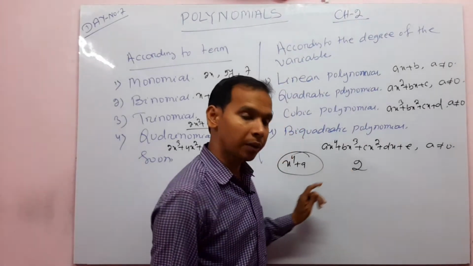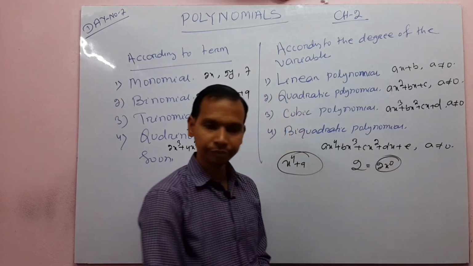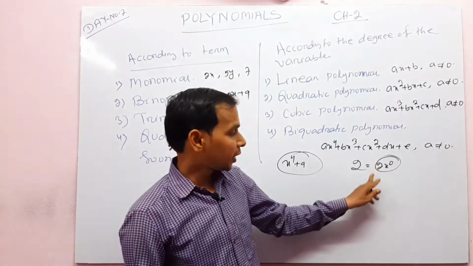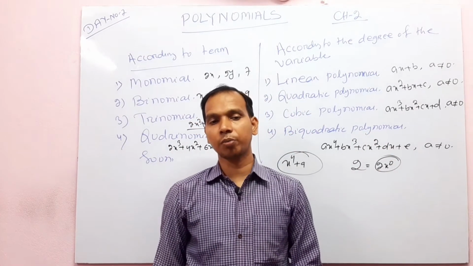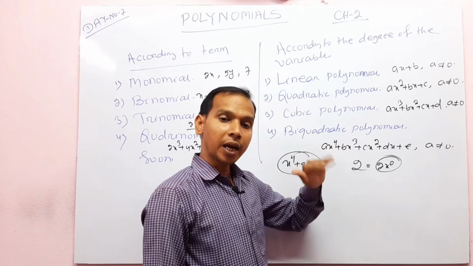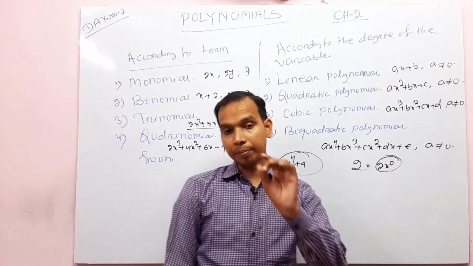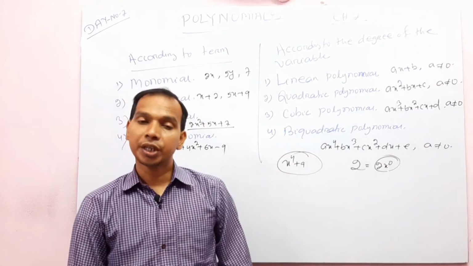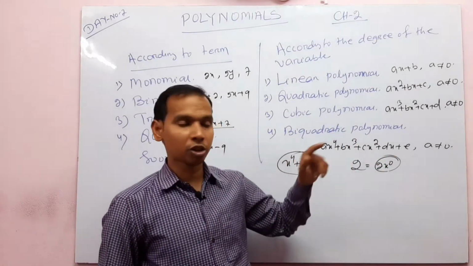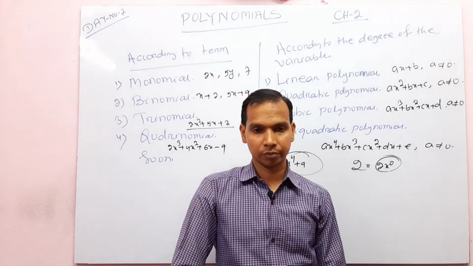Here 2 can be written as 2 into x to the power 0. So the degree of all constant polynomials is 0, because 2 is a constant polynomial and can be written as 2x to the power 0. The maximum power of the variable is known as the degree of that polynomial. So here x to the power 0 means 1, and 2 into 1 is 2.